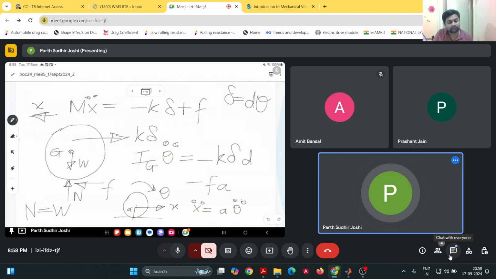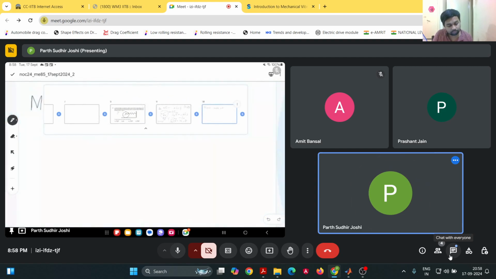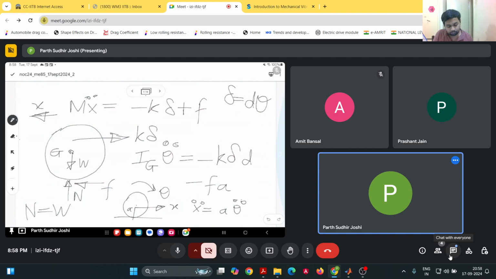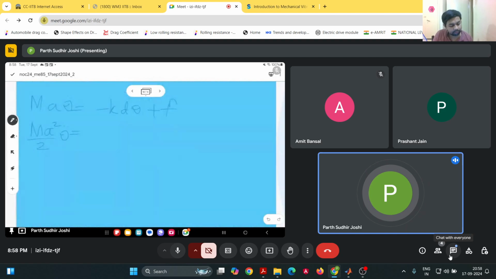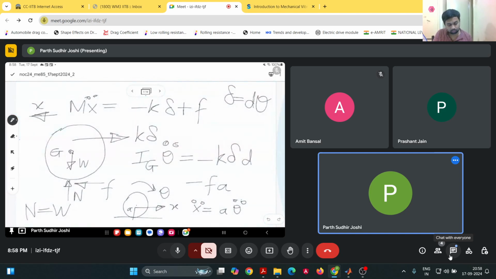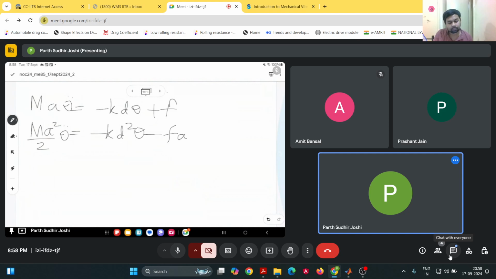And what is Ig? Ig is given as m a square by 2. So Ig theta double dot is equal to minus k delta into d, so minus k d square theta, minus f a.